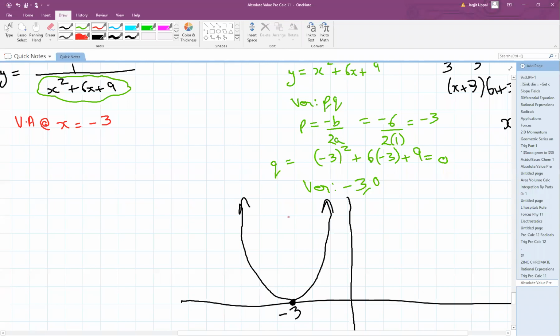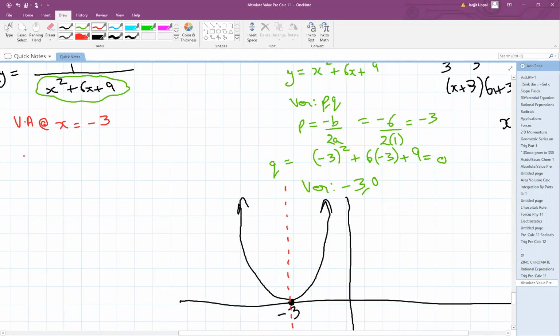So we're going to make our vertical asymptote right here. Where do you think the horizontal asymptote is? On y equals 0. So that's going to be right here.